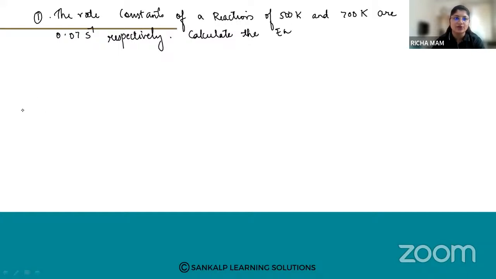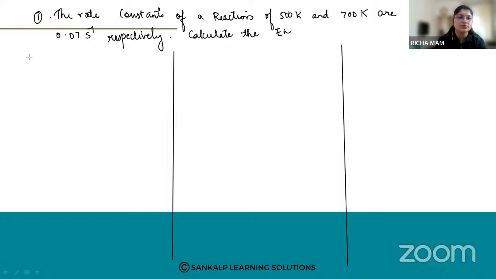Okay, how do you calculate it? So what is the formula? We know that log of K2 by K1 is equal to EA by 2.303 R into (T2 minus T1) by (T1 T2).